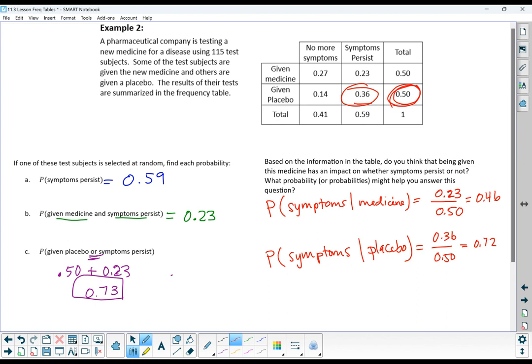So if you were given the medicine, you had a 46% chance of having symptoms. But if you were given the placebo, you had a 72% chance of having symptoms.